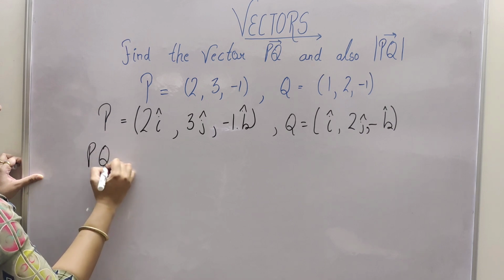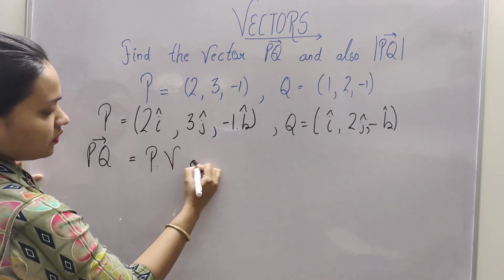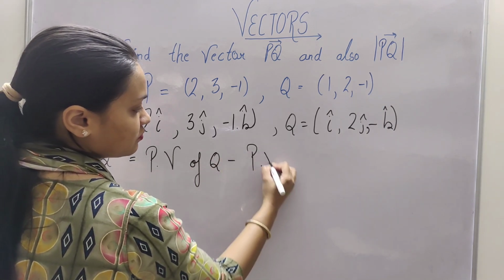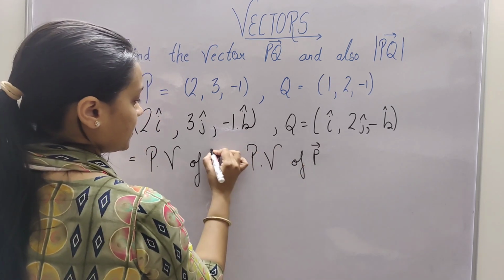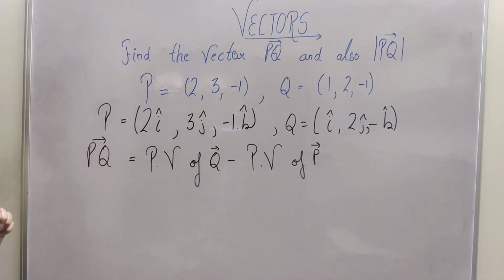So PQ vector is position vector of Q minus position vector of P, as we have done in the earlier question too.